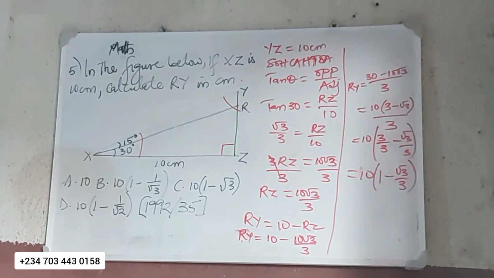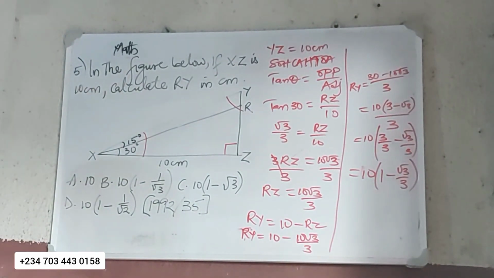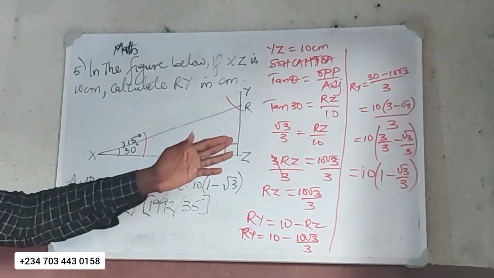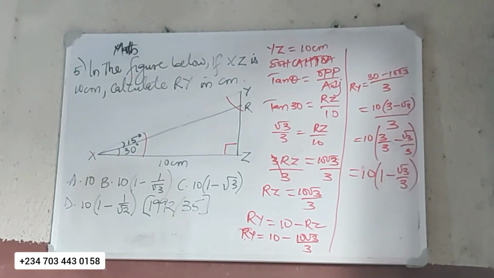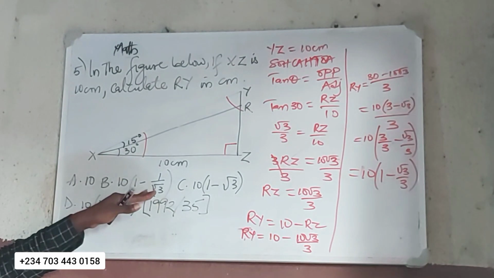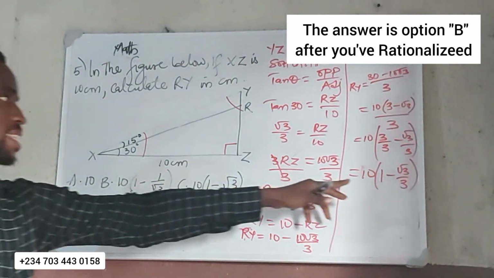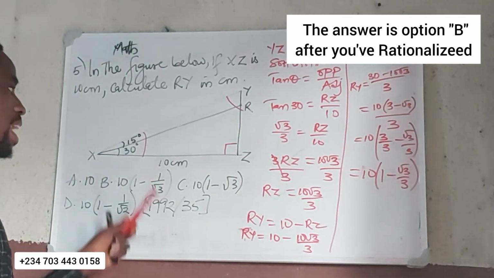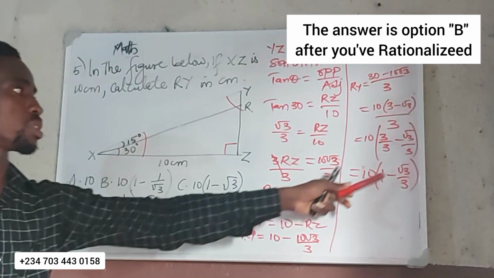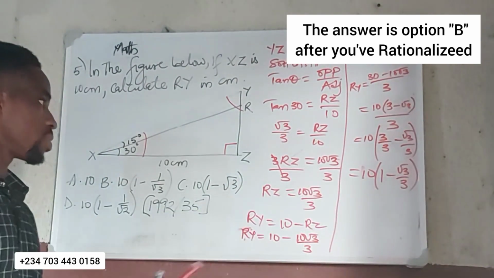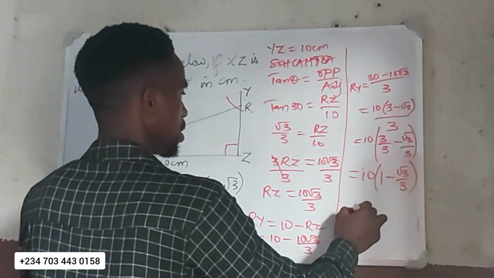So what we have is 10 into 1 minus root 3 upon 3. Now, looking at our options, if you rationalize this guy, you get this value. If you rationalize 1 upon root 3, you get root 3 upon 3. So our answer is option B.